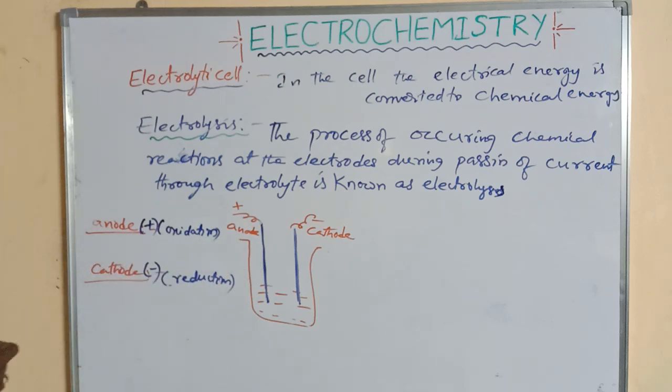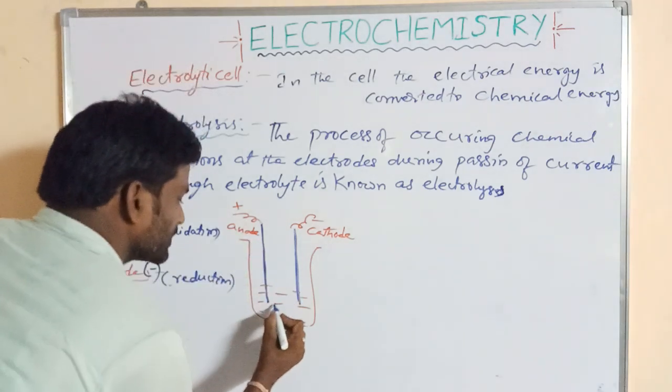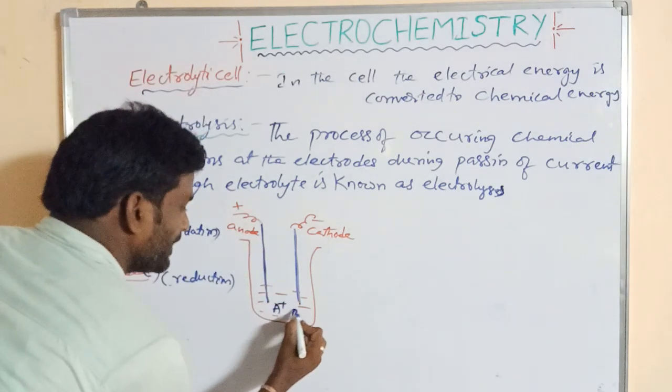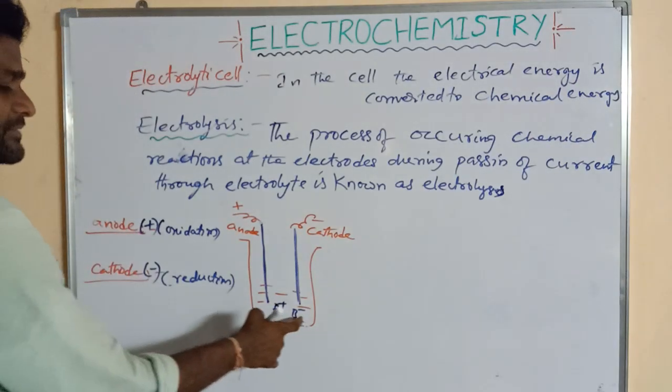In the electrolyte, ions are there, A plus and B minus, positive ions and negative ions.